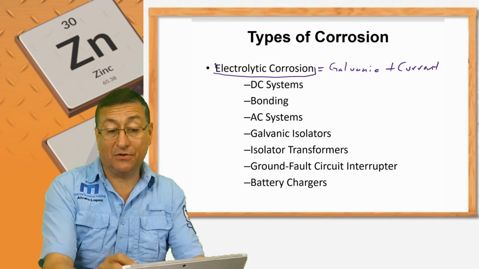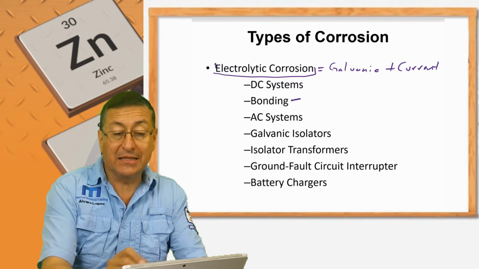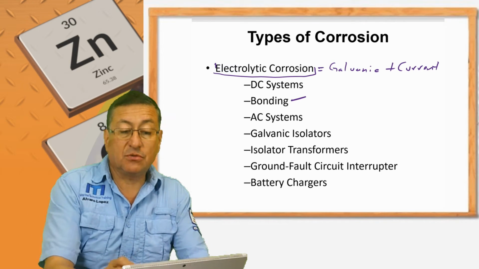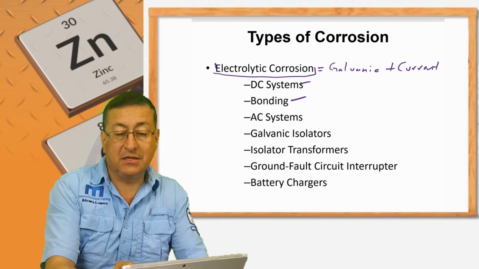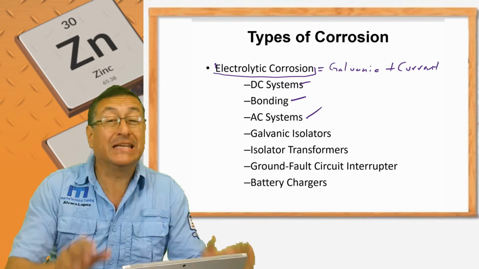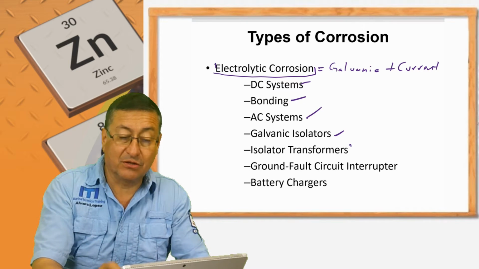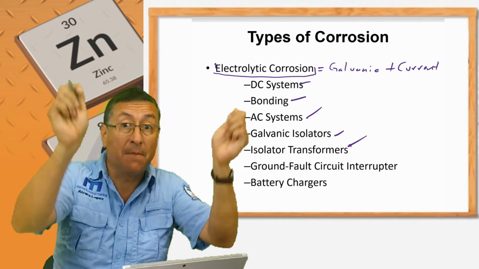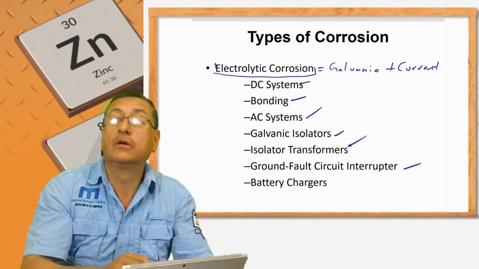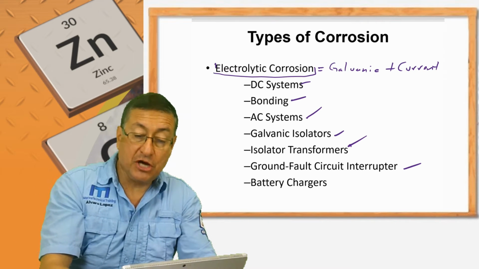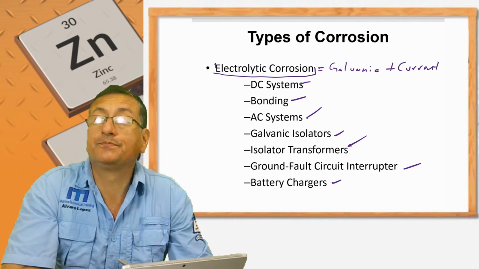For that reason, the bonding is critical. AC and DC, both of them produce. For that reason, it's critical to install the galvanic isolator, the isolation transformer and good grounds. Be careful with the battery chargers and the inverters.